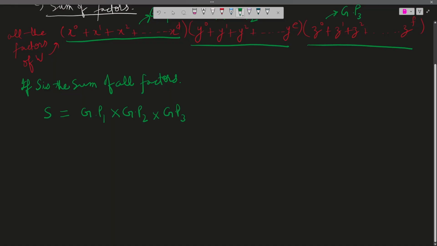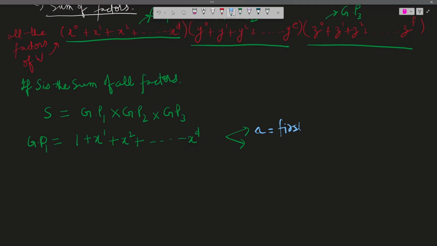Now to calculate the sum, we need GP1. GP1 is 1 plus x to the power 1 plus x to the power 2 plus till x to the power d. In a GP, there are two things that we need to calculate first: the first term, and the common ratio, which is denoted by R. So what is the common ratio, and what is the first term?